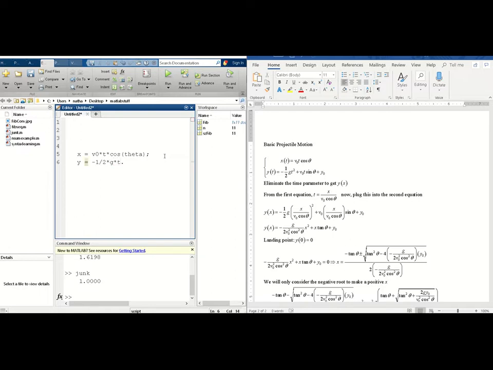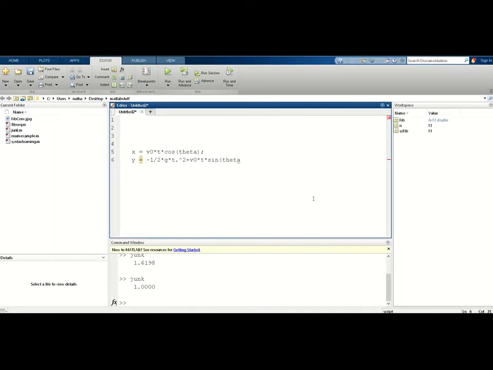In MATLAB, I don't know if I have to put the dot. I think I do. Dot square. So that's element by element, and if I find out I don't need that in MATLAB, we'll fix that. Then V naught times t times the sine of theta, plus y naught.